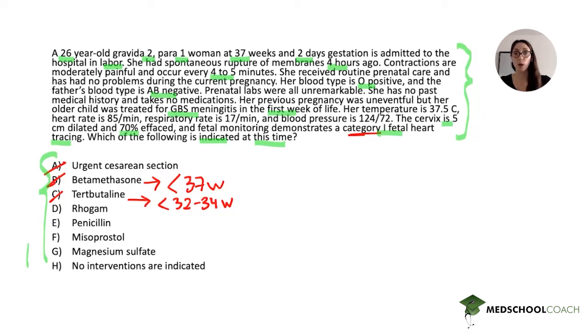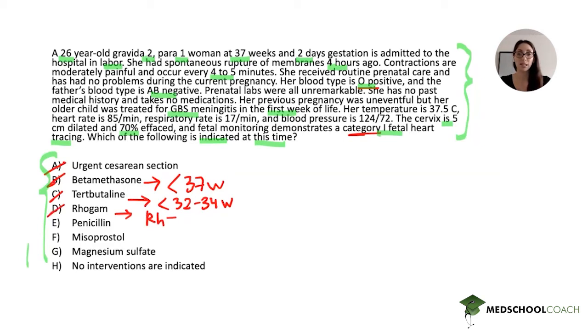However, this mom is O positive. And even though the dad is AB negative, that's really irrelevant. That's there just as a red herring. So this, again, was testing your knowledge of the indications for RhoGAM, which are for women who are Rh negative, not positive. So cross that one off.